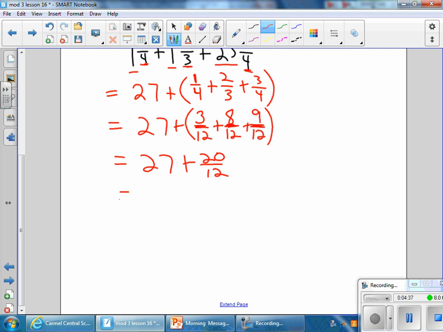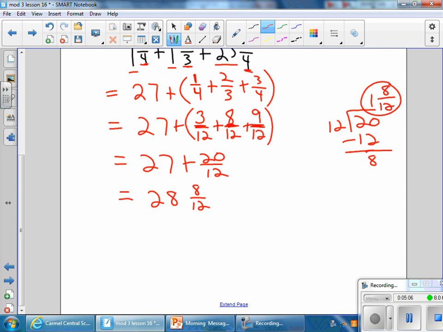Okay? I see that 20/12 can be broken up as 12/12 plus 8/12, or I could do side work and see that I have 1 with 8 left over, 1 8/12. So I can add that 1 to my whole number, get 28, and 8/12 left over.